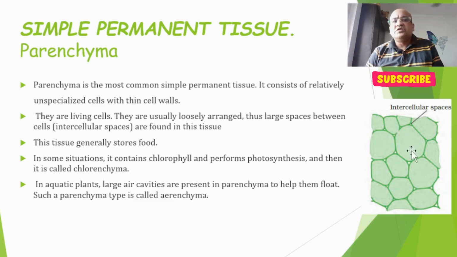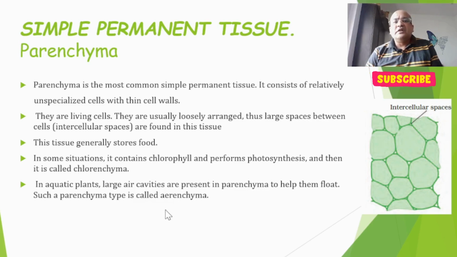These tissues generally store food. In some situations it contains chlorophyll, right? As we all know, when chlorophyll is present, the process of photosynthesis takes place, that is, the preparation of food. So in that case, it is called chlorenchyma.